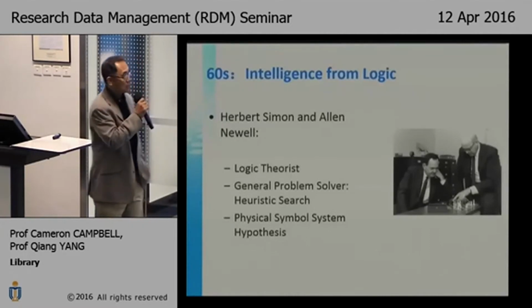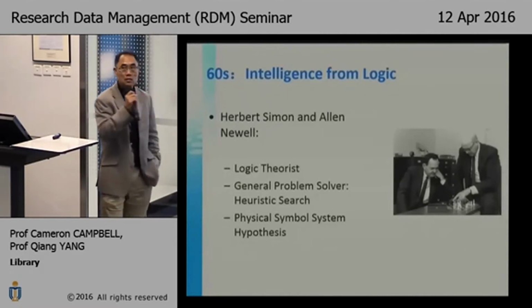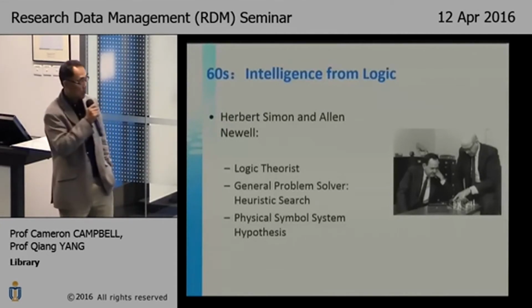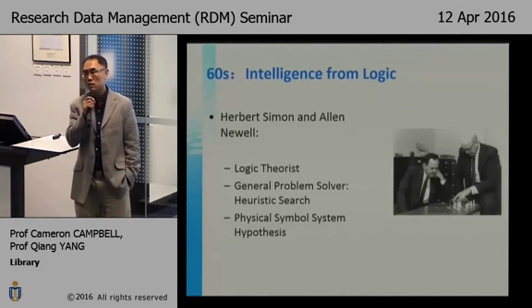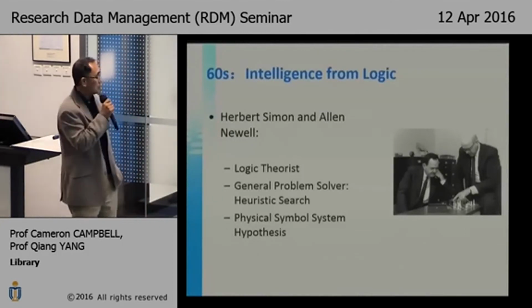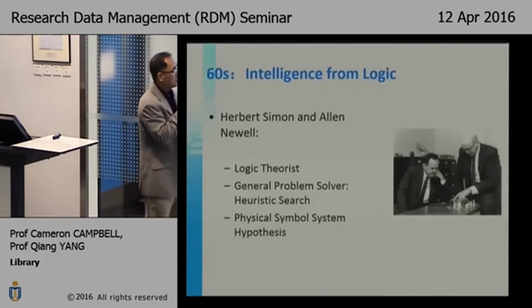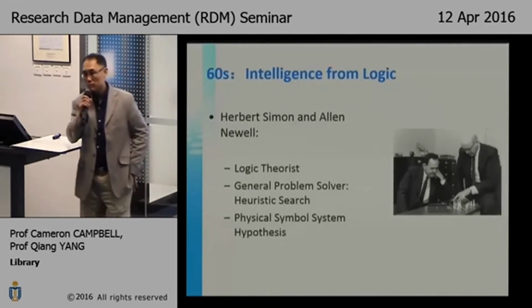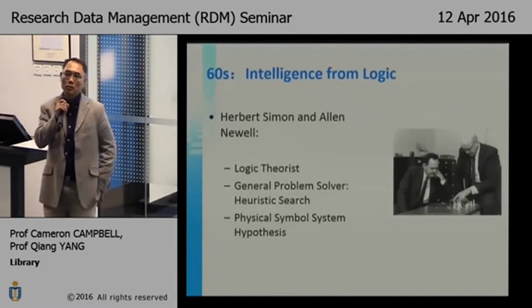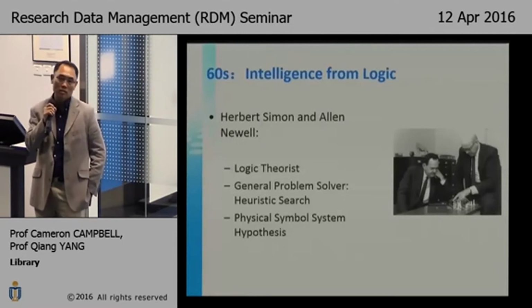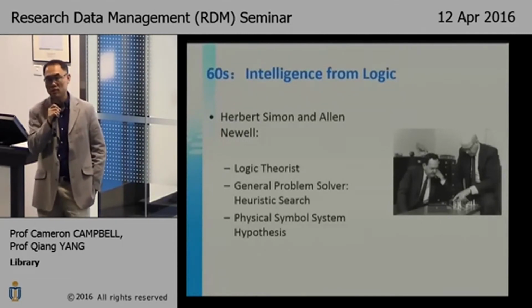Now, since then, generations of people, young and old, devoted to artificial intelligence, and here are two of them. One is Herbert Simon, and another is Allen Newell. So two founding fathers of AI, and they participated in the first conference in 1956. At the meeting, they brought with them a computer program called Logic Theorist, which can prove many mathematical theorems that were even considered difficult for mathematicians.